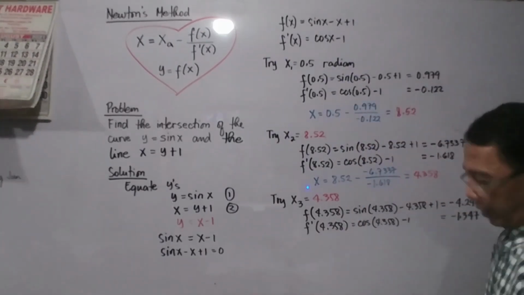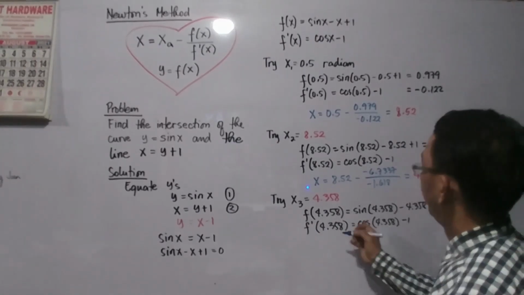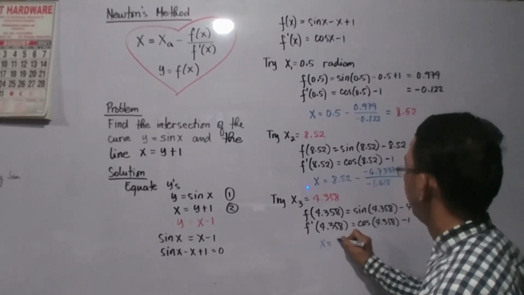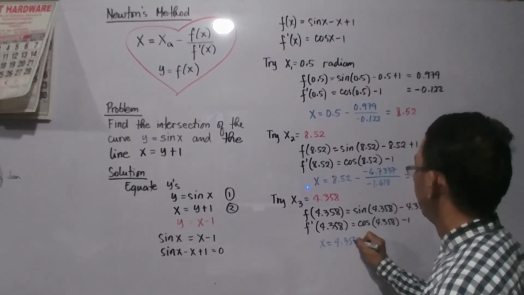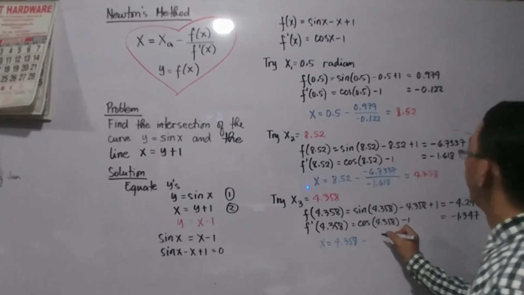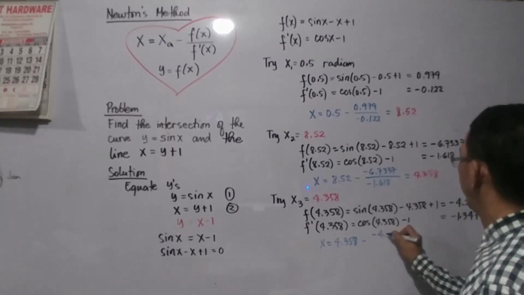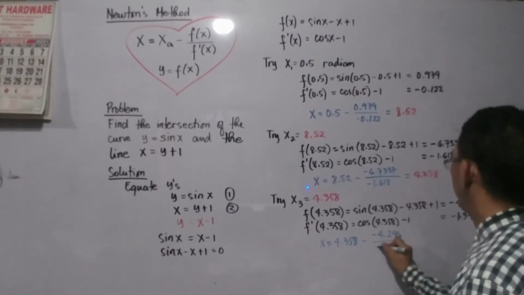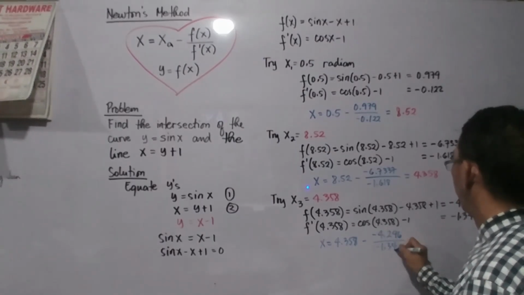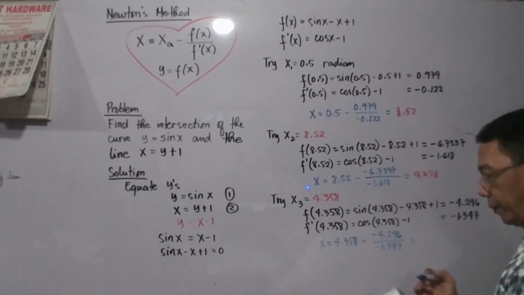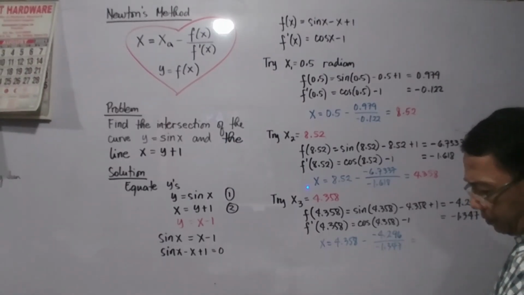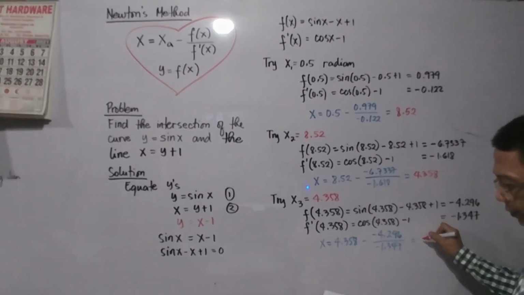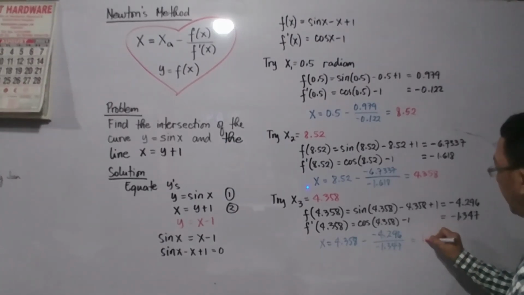Then substitute the values. You will get now positive 1.1688.